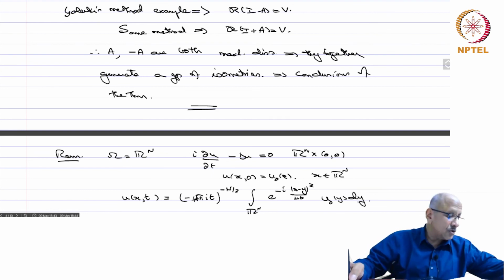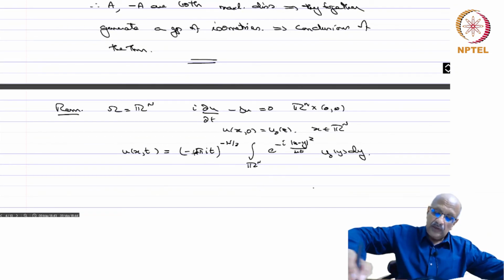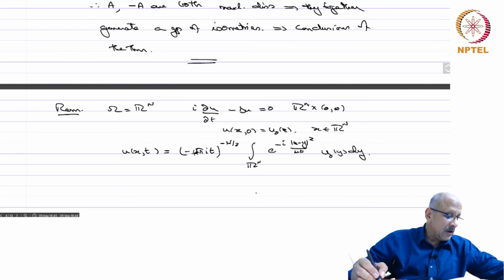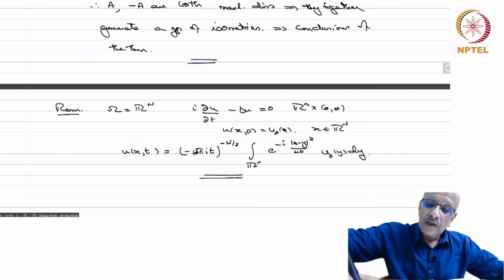This is the solution of the Schrodinger equation in Rⁿ, and again the L² norm of u will be preserved. So this is about the Schrodinger equation, and that brings us to the end of the examples which I wanted to talk about.